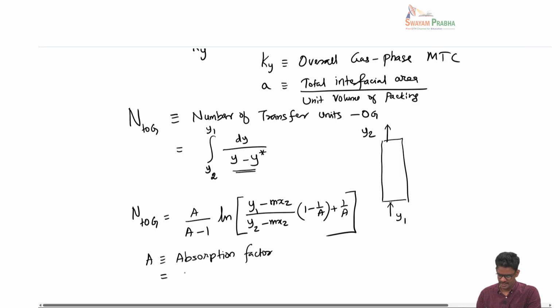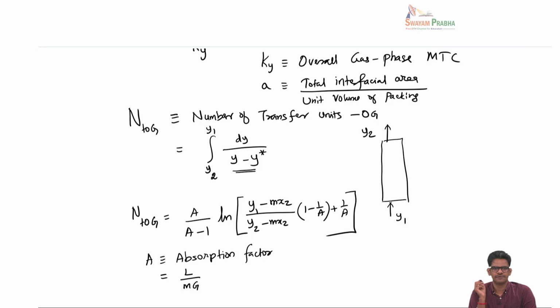And this is defined as L by mG, where L is the molar flux of the liquid, G is the molar flux of the gas, and m is the slope of the equilibrium line. Essentially this absorption factor basically signifies the ratio of the operating line to the equilibrium line.